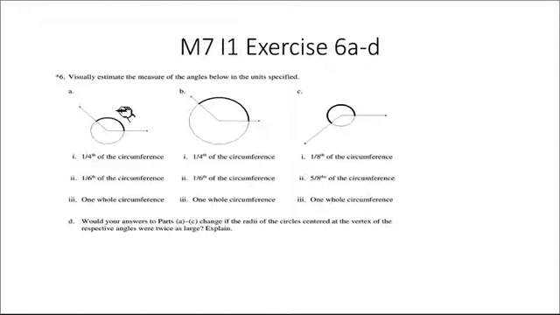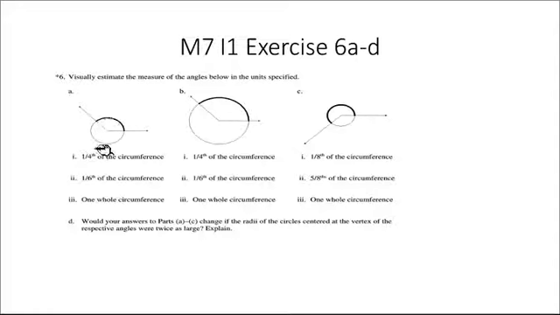Okay, so in number 6, we have these fun exercises that ask us to experiment with this idea of using an arbitrary unit that takes into account the fraction of the circumference that is subtending a given amount of openness.